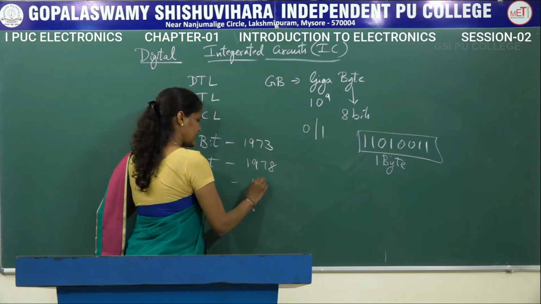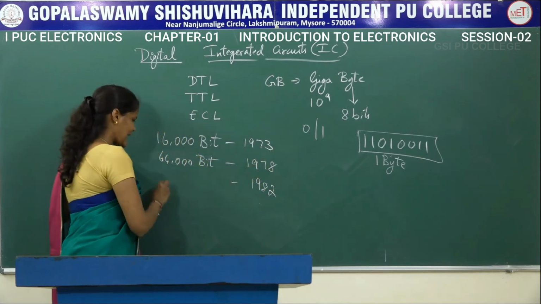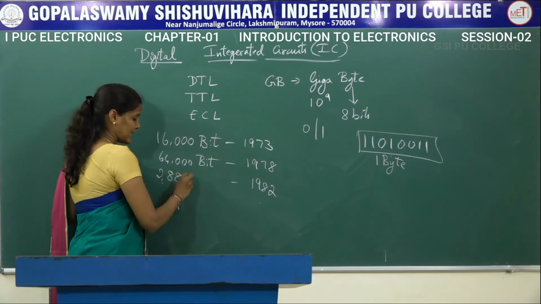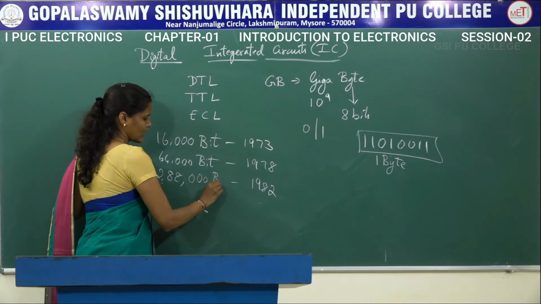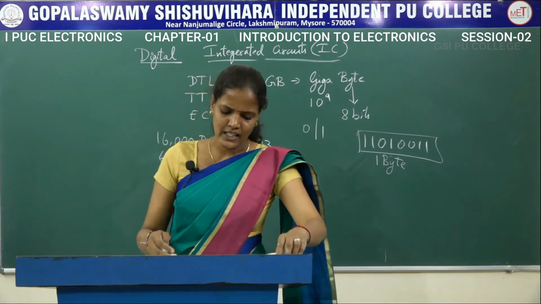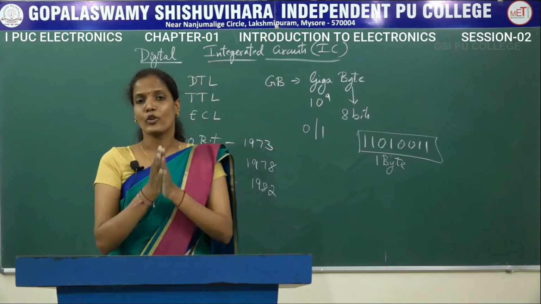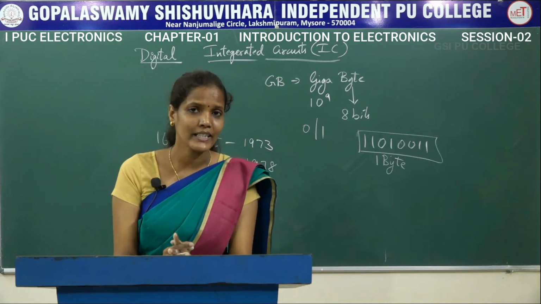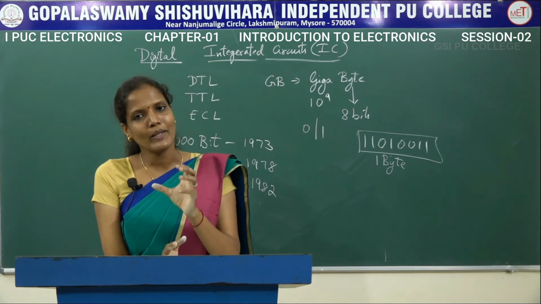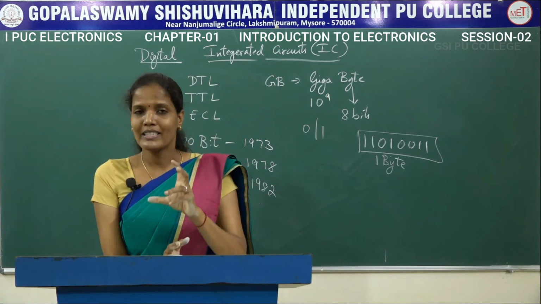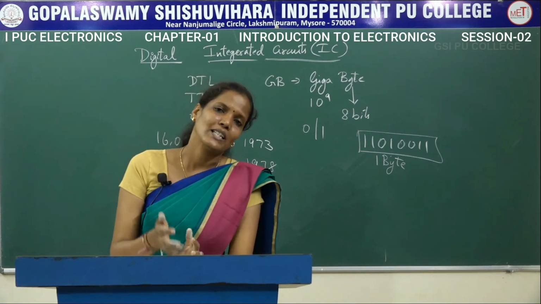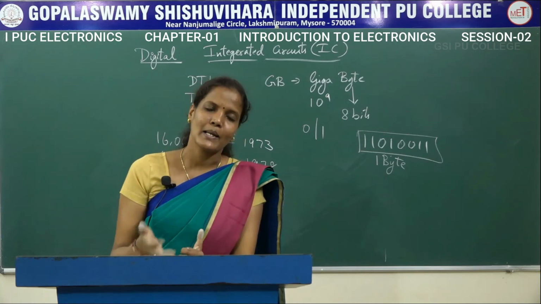And in the year 1982, the RAM which had the capability to hold 2,88,000 bits of memory spaces was constructed. But in the year 1967, ROM was developed. ROM means read only memory. Initially we were not able to manipulate the data stored in the ROM, the data was not able to be manipulated by the user.